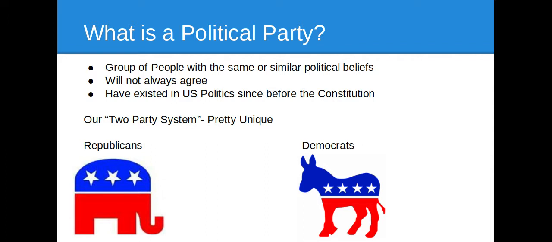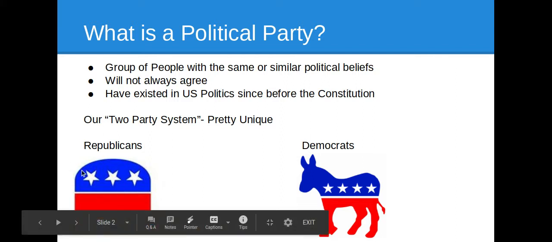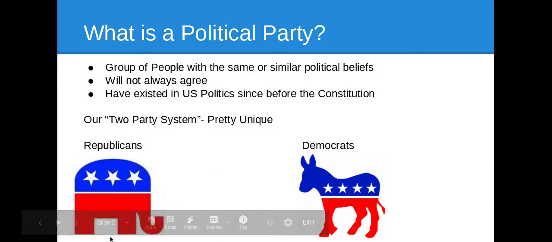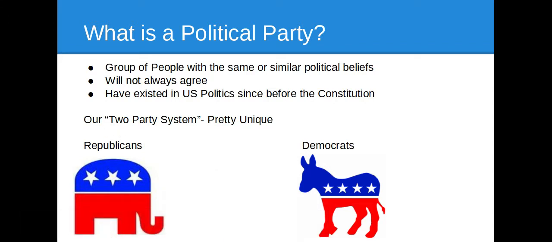We have the Democrats and we have the Republicans. Just so you know, the Republicans in general are marked by the Republican elephant, and their color is red. So when you see the elephant, or if you see red during political seasons, that represents the Republicans. The Democrats are represented by the donkey, or the jackass, which is kind of how it came to be.